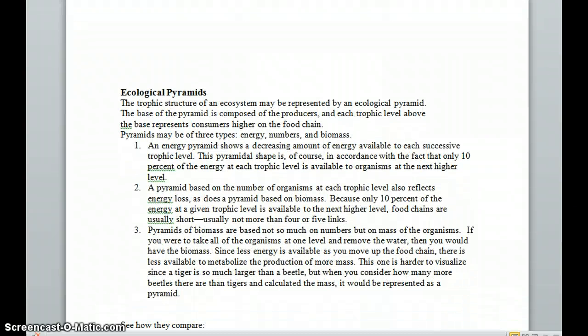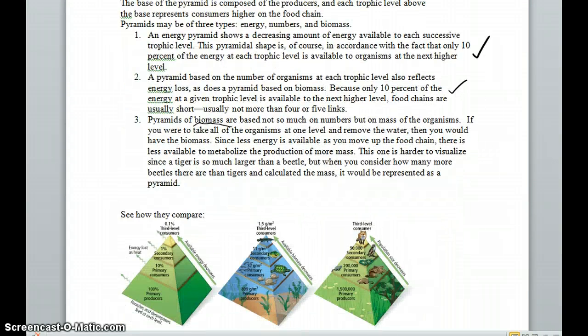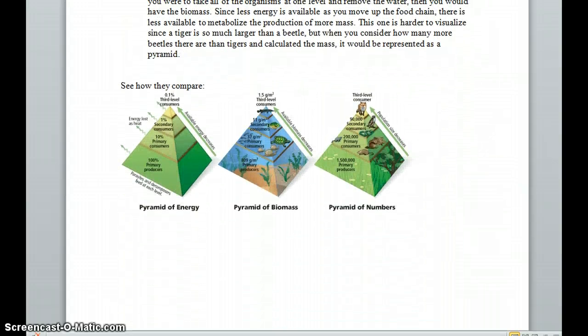So there's so much less energy available the higher up that you go in the food chain. So the ecological pyramids, you can have the energy pyramid showing that 10% available. You can have the pyramid based on numbers of organisms, and then something called pyramid of biomass, and that has to do with just exactly what it says, how much living mass there is in the organisms as you move up the pyramid. And here's a nice comparison of the three. Notice you get the same shape for all three. The divisions might be slightly different, but you'll have the same organisms.